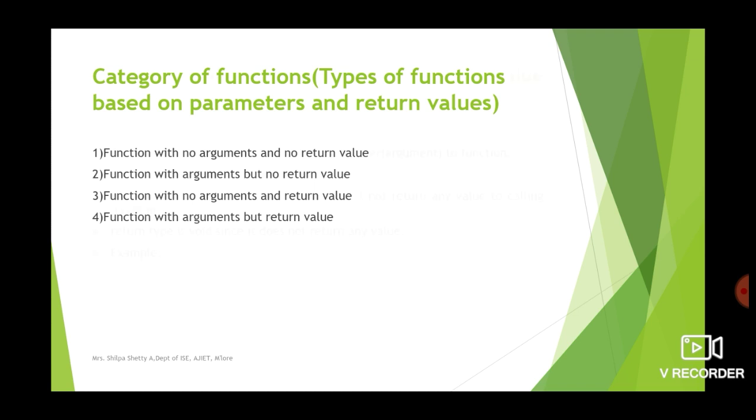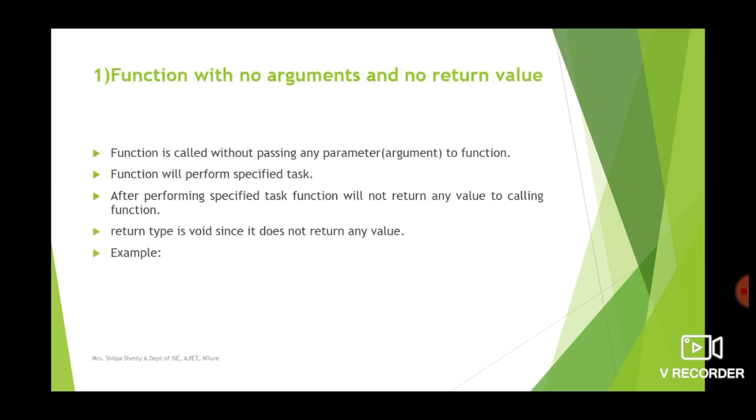The first category is function with no arguments and no return values. Function is called without passing any argument to the function here. A function will perform the specified task, and after performing the specified task it will not return any value to the calling function. So the return type is void here.